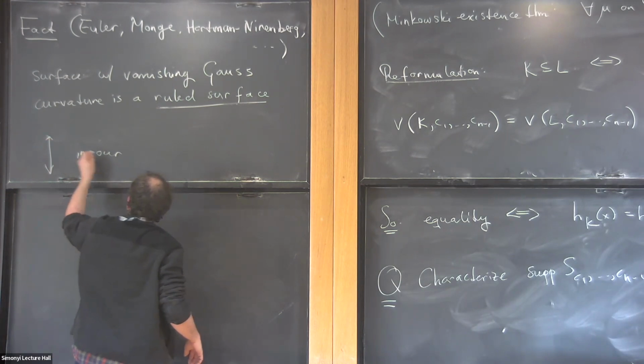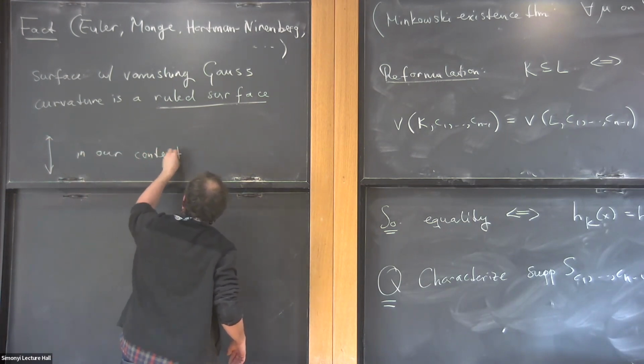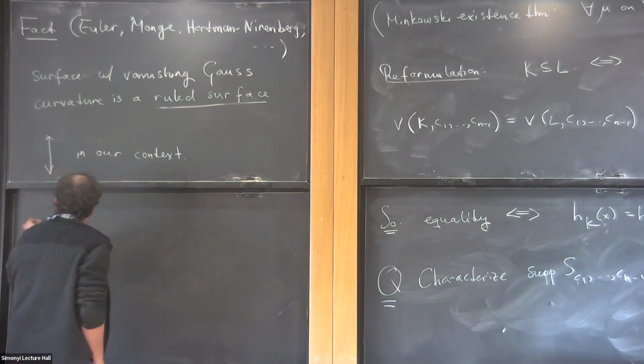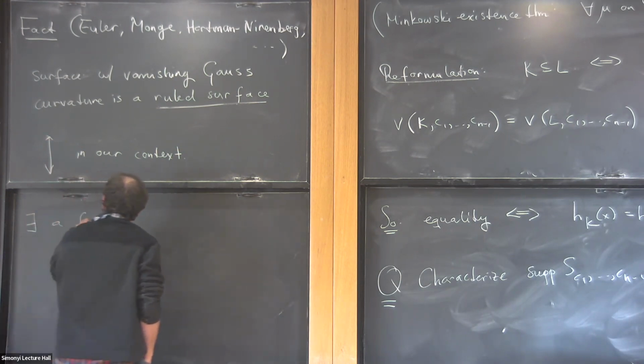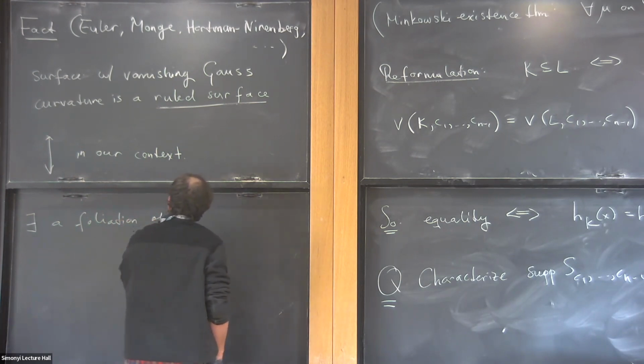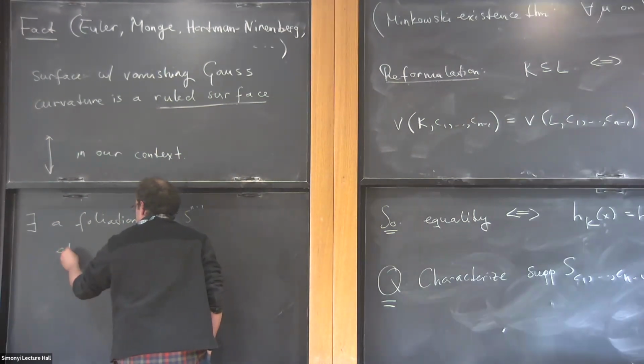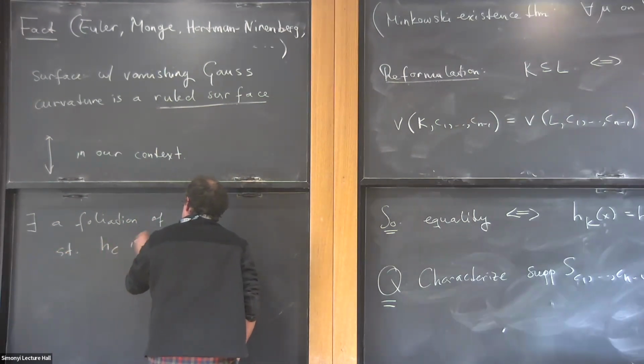In our context, it means that there exists a foliation of, say, the sphere, by straight lines, such that H is linear.